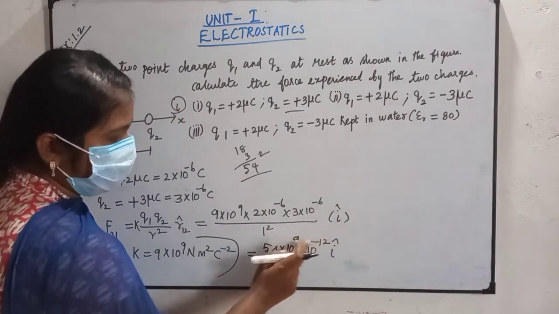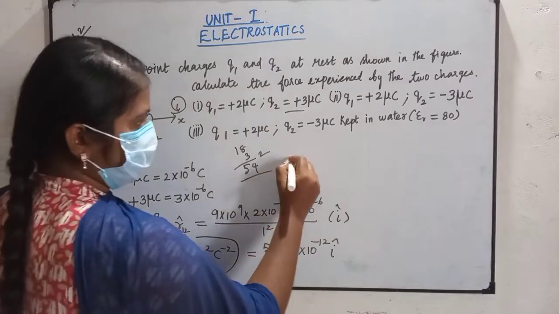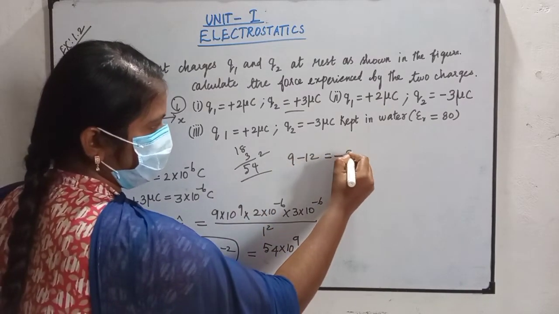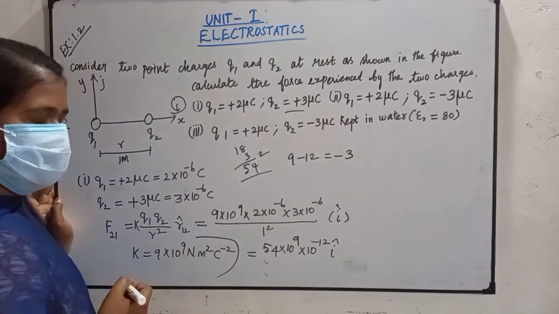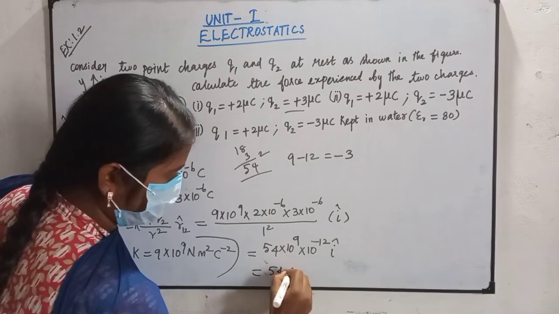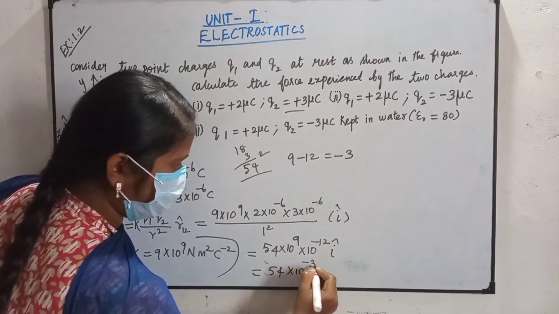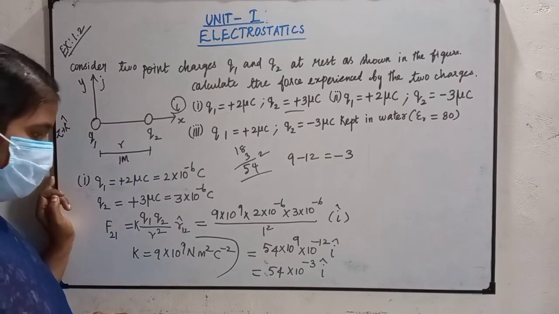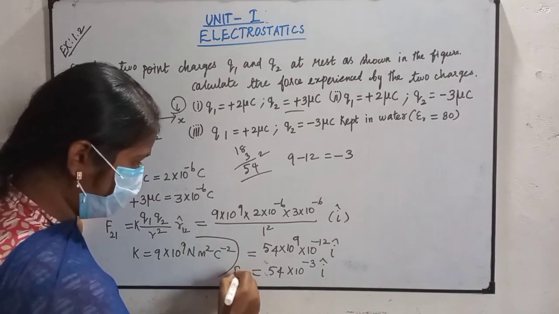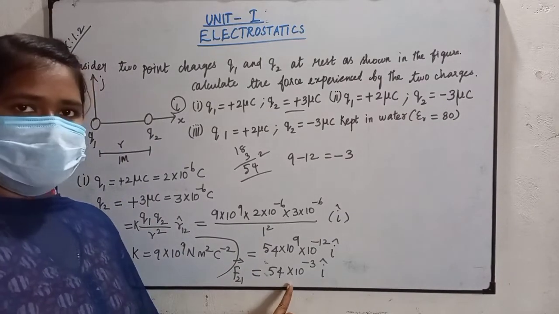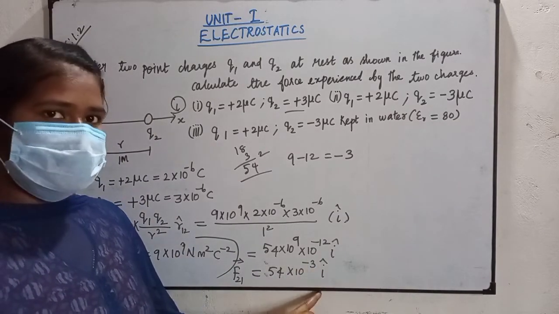So minus 12 plus 9 is minus 3. So it is equal to 54 into 10 to the power minus 3 i. So F21 value is 54 into 10 to the power minus 3 i.